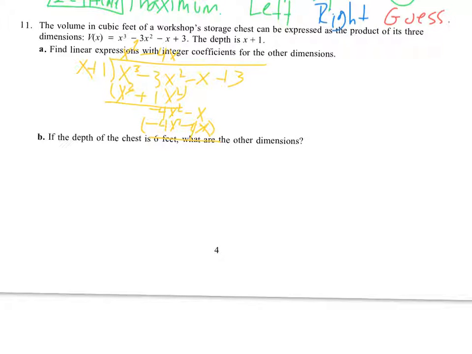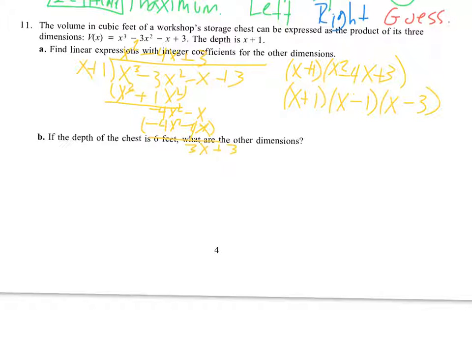When we subtract again, I get 3x plus 3. And that's going to be plus 3 up there. So far we're looking at x plus 1 times x squared minus 4x plus 3. And that's going to factor into x plus 1 times x minus 1 times x minus 3.